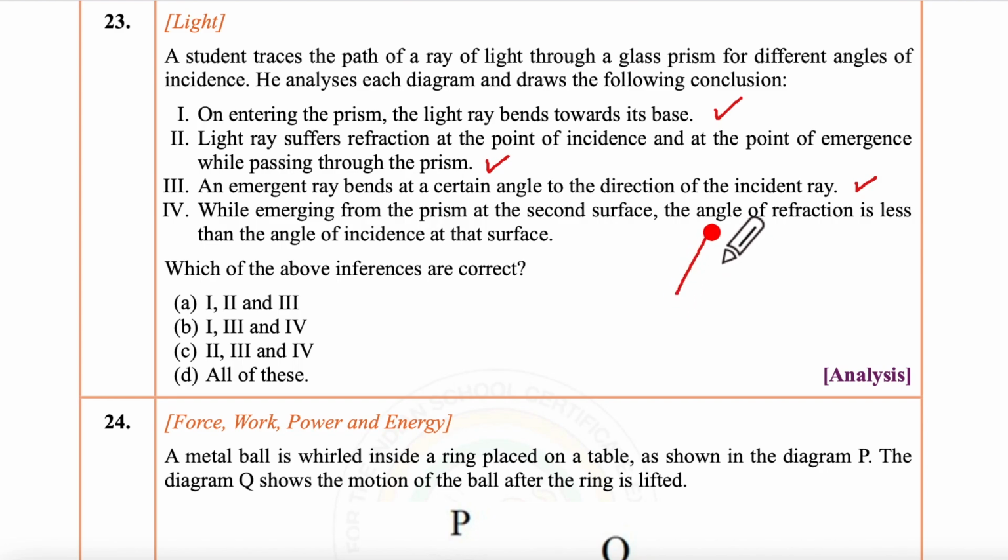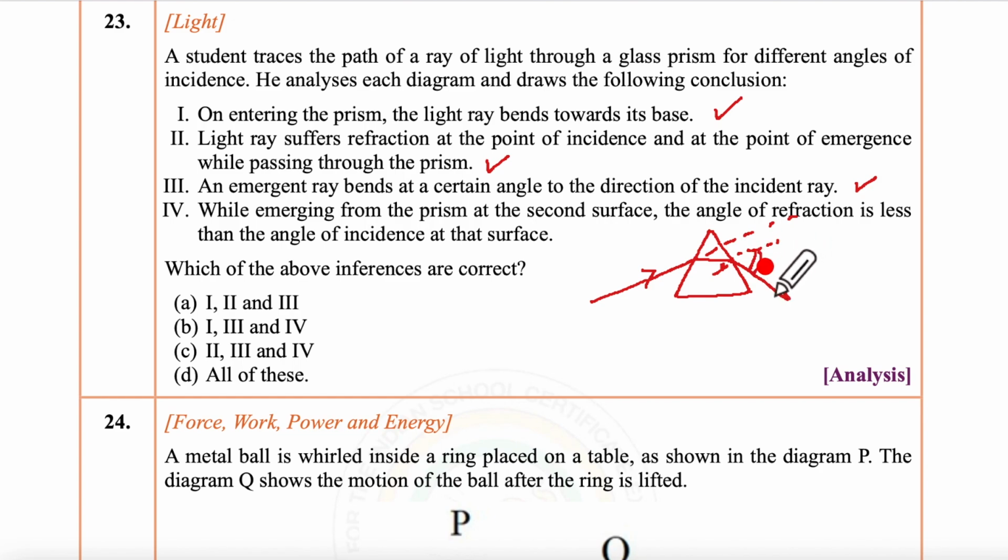Now for this it will be better if you confirm it with the diagram. The ray of light has entered the prism, it has turned towards the normal and it has turned away from the normal. Now in this fourth part, while emerging from the second surface, this is the angle of incidence and this is the angle of refraction.